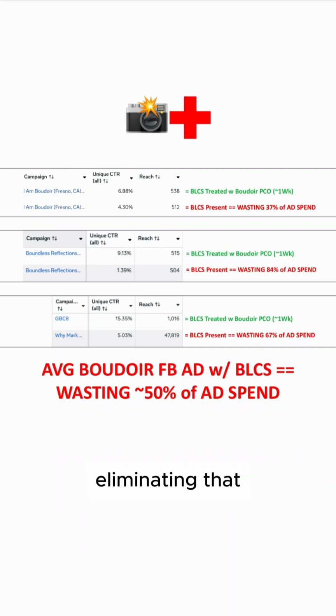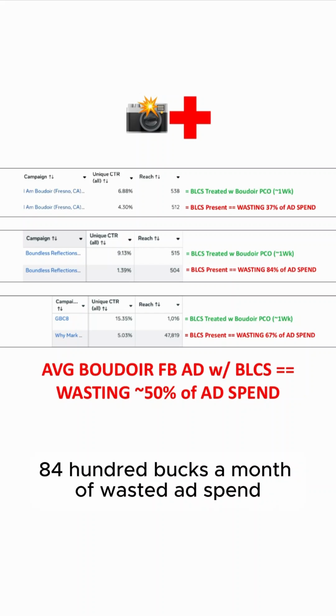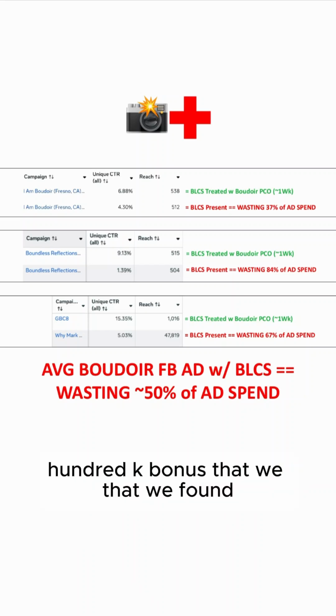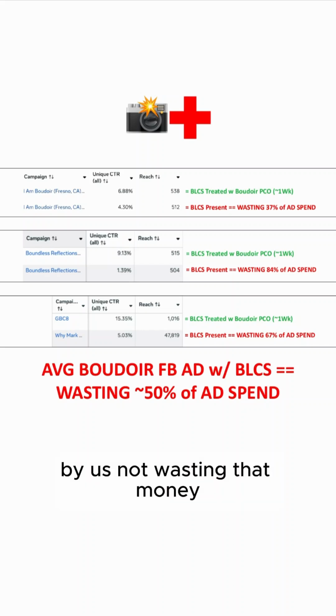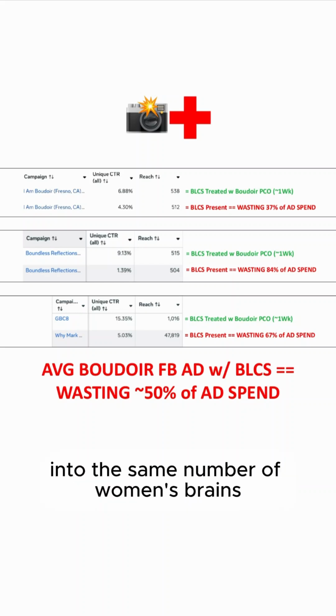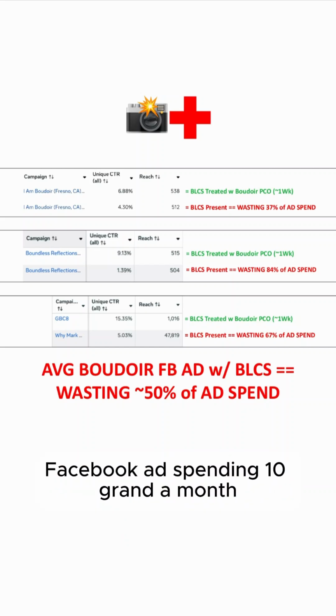So what are we doing here? Eliminating that $8,400 a month of wasted ad spend, pocketing that. That's like 100K bonus that we found by not wasting that money and spending $1,600 a month with the new Boudoir Pico treated ad. We're getting our ad into the same number of women's brains as the original Boudoir Facebook ad spending 10 grand a month.